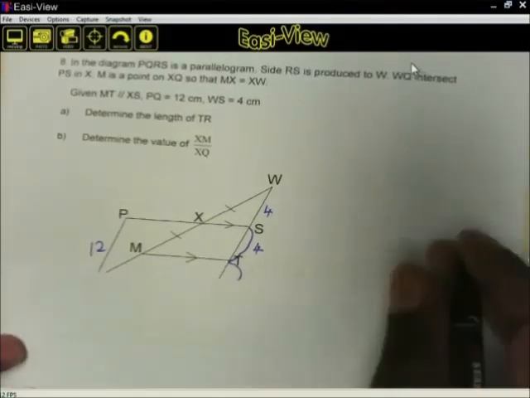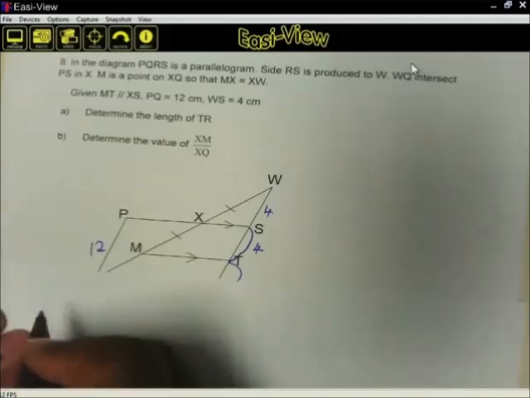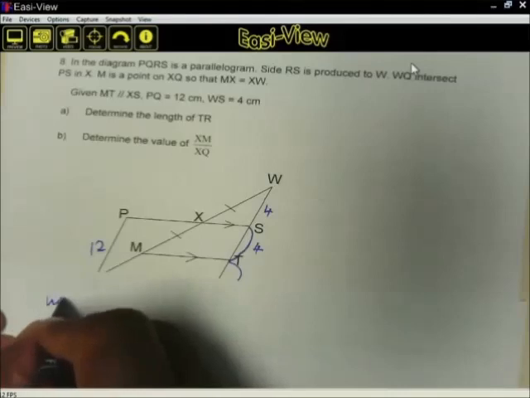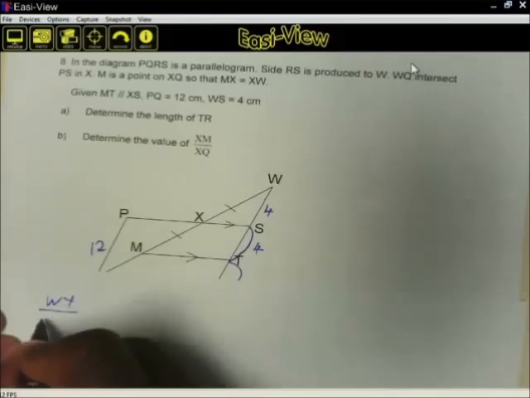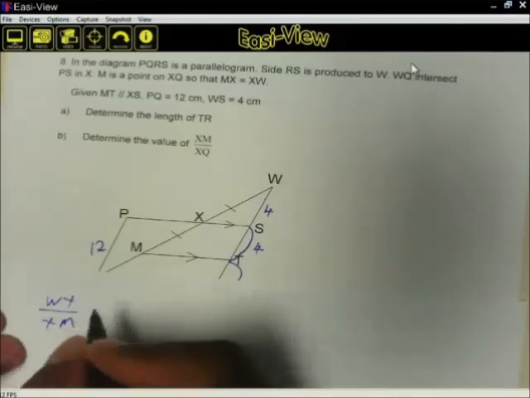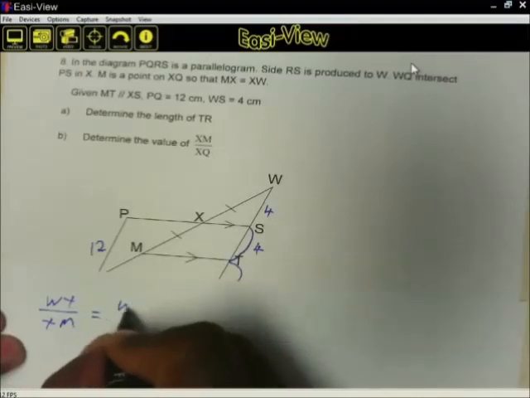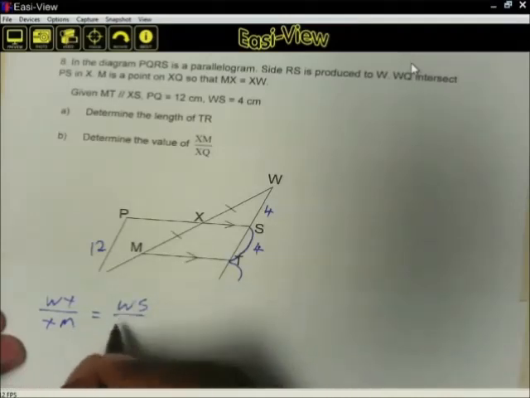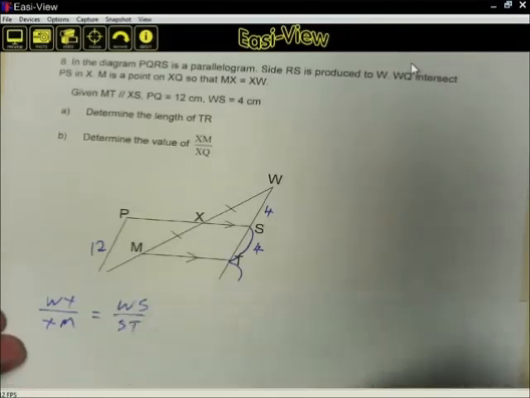Now I want to answer the question. It is given that WX over XM is equal to WS over ST. A line parallel to a side of a triangle divides the other two sides proportionally.